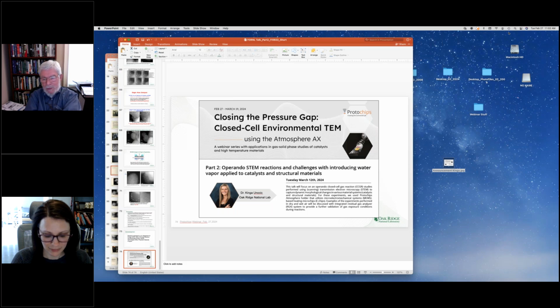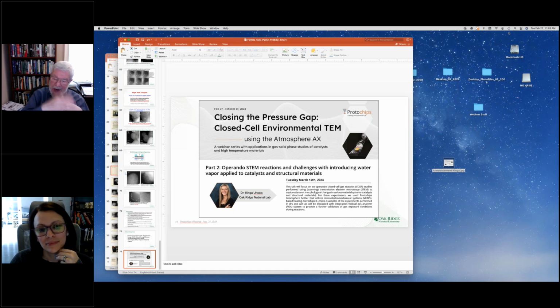There are lots of really nice movies, particularly with ETEMs of bright field, aberration corrected bright field TEM imaging and watching what happens. The advantage there is that you can have these fast reactions going on, and you can record movies, not frame by frame and stack them up, but you can record movies that are recording high speed events.